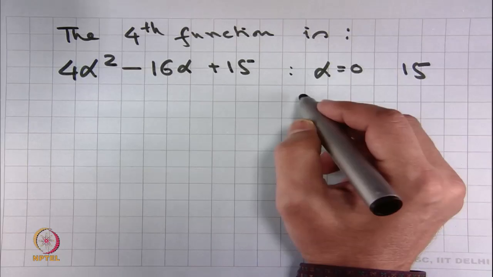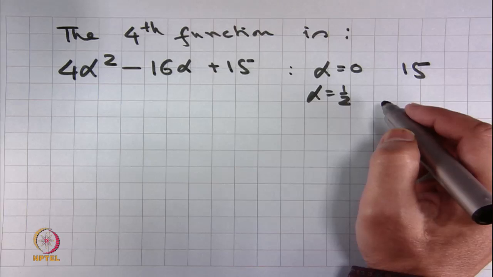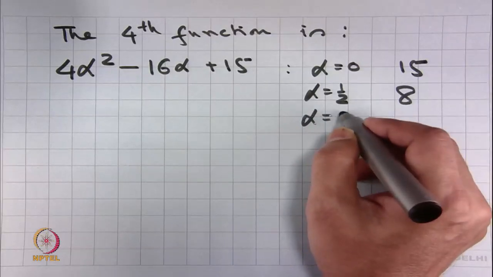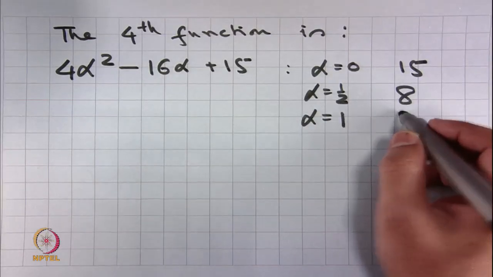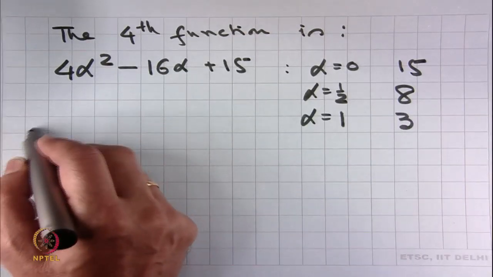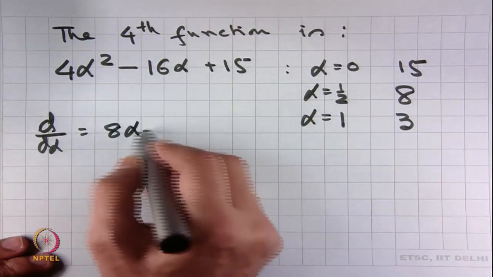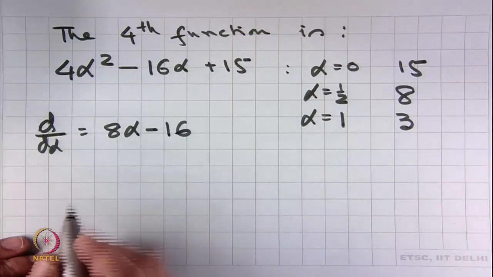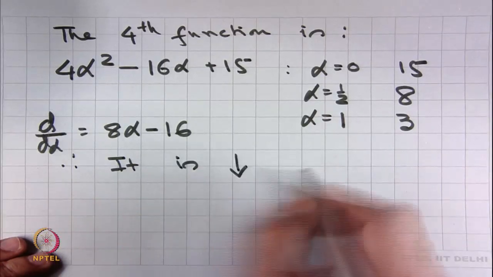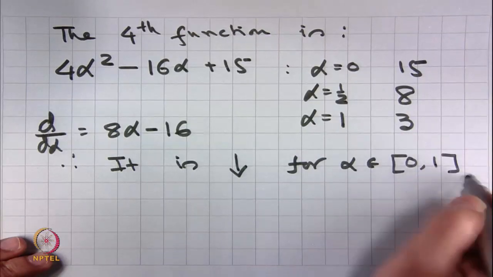At alpha is equal to half, it is going to be 8, and at alpha is equal to 1, it is going to be 3, and derivative is equal to 8 alpha minus 16. Therefore, it is decreasing for alpha belonging to 0, 1.